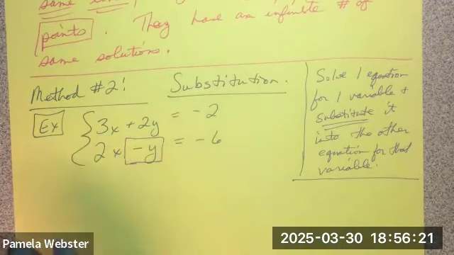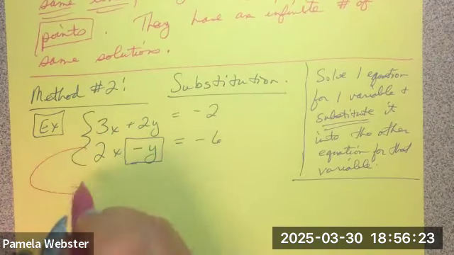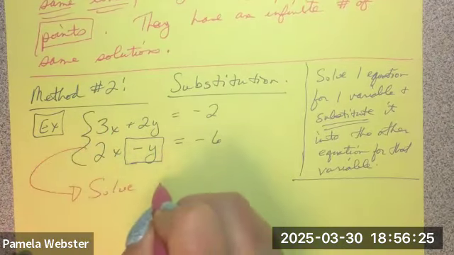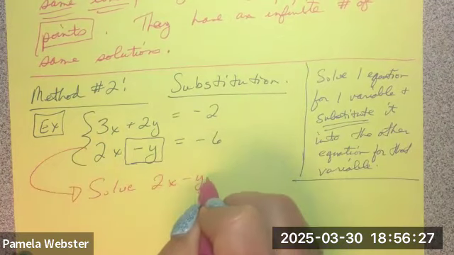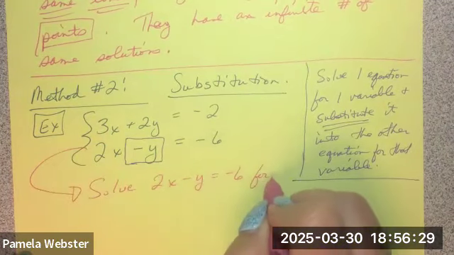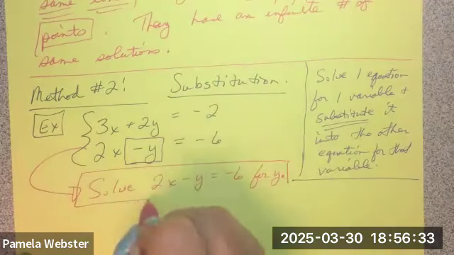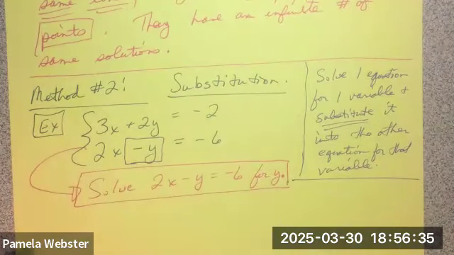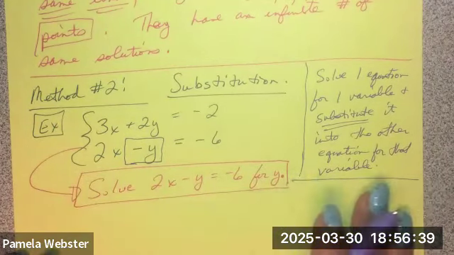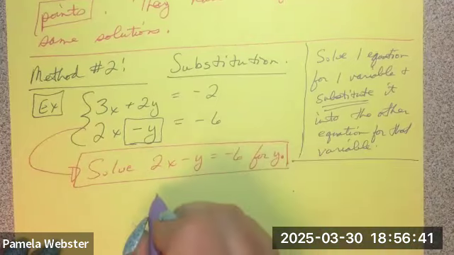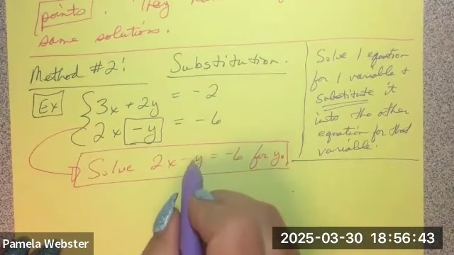So I'm going to use this second equation, and I'm going to solve 2x minus y equals -6 for the y, because I think it's going to be the easiest one for me to solve for. Okay. And if you solve for one of the others, it's totally okay. It is not wrong. I just think this is going to be the easiest way for me.